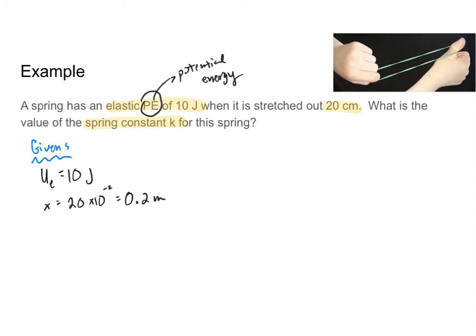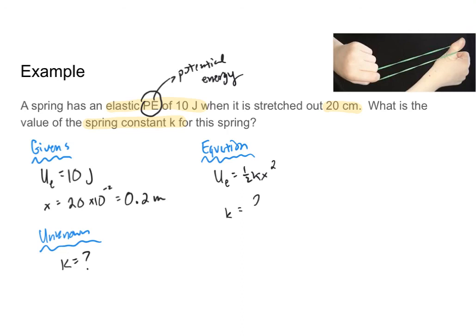Our unknown is K, our spring constant. So our equation here is going to be our elastic potential energy equation. So UE is equal to 1/2 kx squared, or K is equal to 2 times UE over x squared.